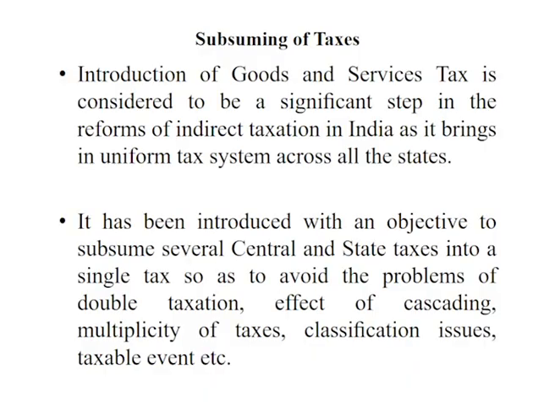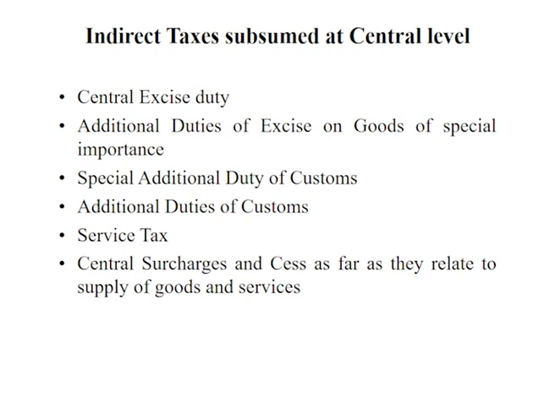Then similarly, additional duties of excise on goods of special importance, and additional duties of customs and service taxes, and also central surcharges and cesses were some of the taxes that were levied by central government before GST and are subsumed into GST. Now we will also look into those indirect taxes which were being implemented by the state government but now subsumed into GST. What are they?